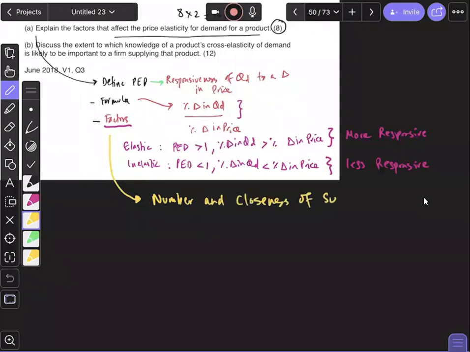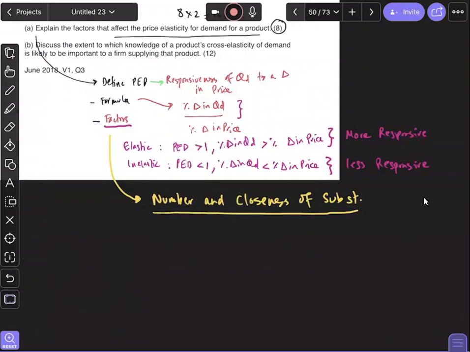This is the first important point, because the higher the number of substitutes, or the closer the substitute you have to your good, the more similar you are to another product out there, the more elastic your demand will be.